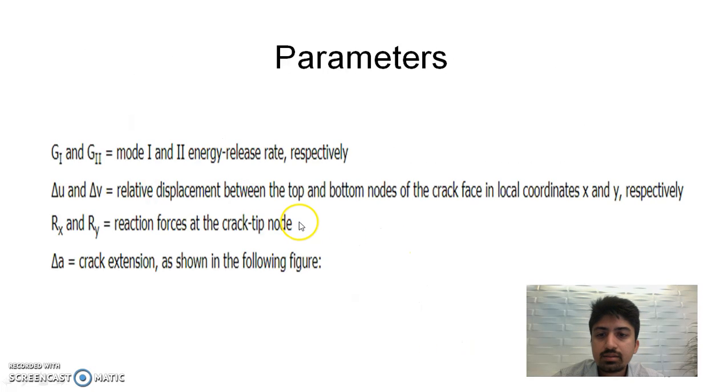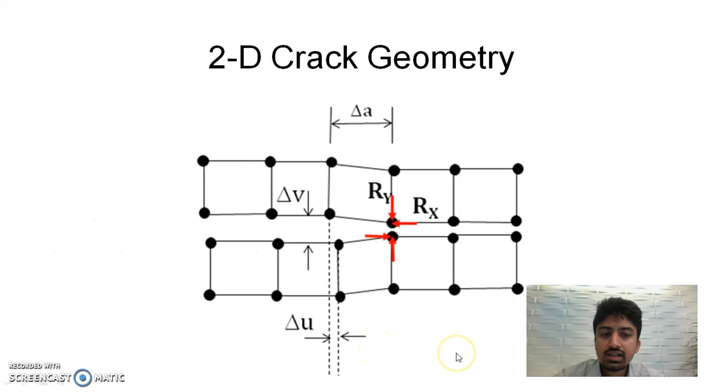We can see the parameters here. Delta U, delta V are the relative displacement between the top and bottom nodes of the crack face in local coordinates x and y. Rx, Ry are the reaction forces of the crack tip node. Delta A, as I said, is the crack extension or crack length. I think this is quite a good representation of the crack geometry.